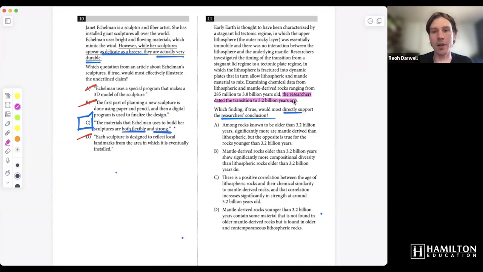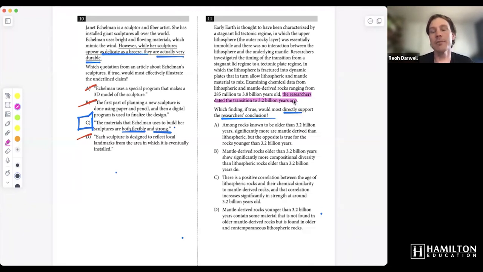Well, they're looking into rocks and they're saying before 3.2 billion years ago, there was no interaction between the lithosphere, which is the crust, and the mantle, which is the magma beneath Earth. Okay. So there were no volcanoes or things like that in early Earth.